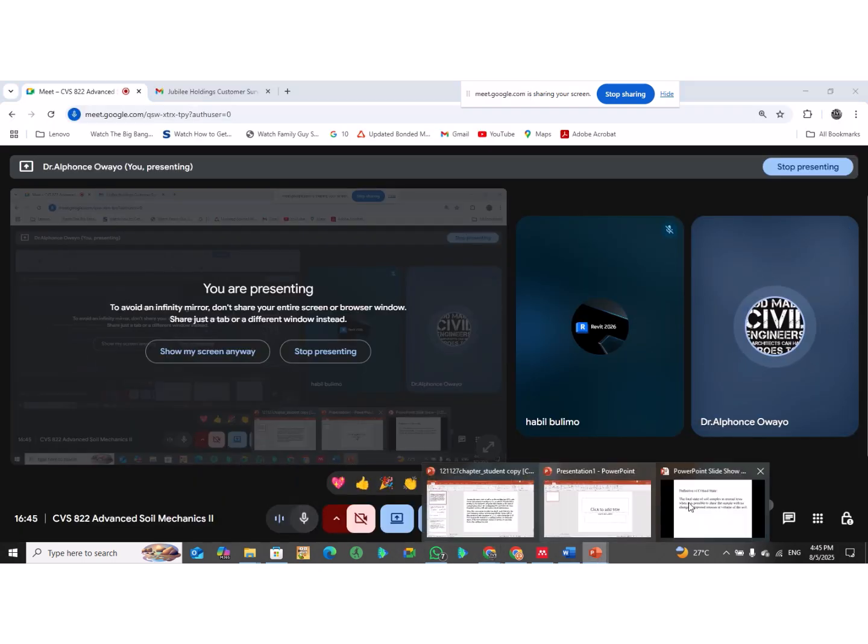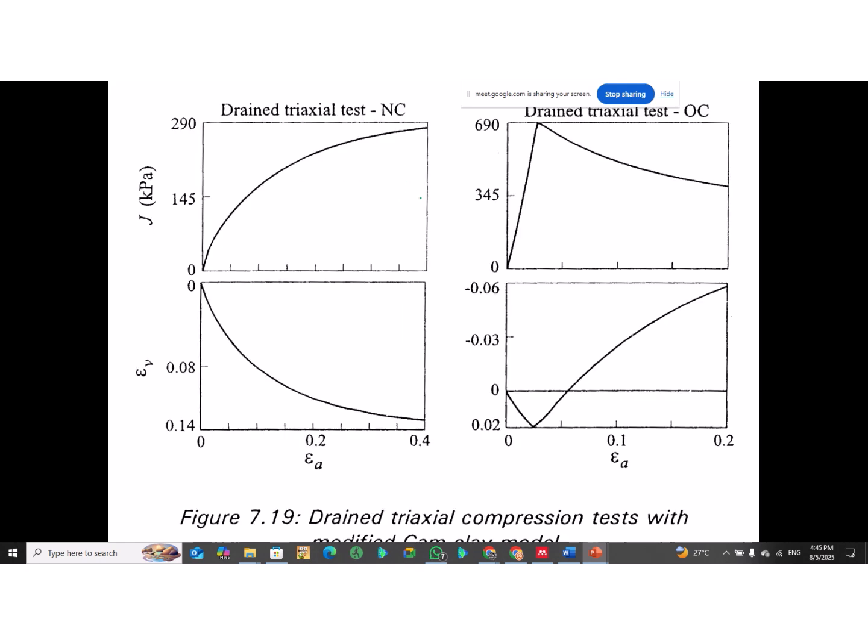Okay, now we draw an explanation or illustration basically of this, where the curve, for example, the first one is of J, and you should know the definition of J and strain.